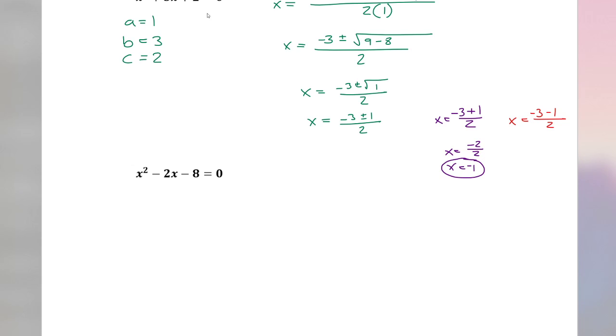And then for our other root, negative 3 minus 1 is going to be negative 4. Negative 4 divided by 2 is going to be negative 2. So we have roots at x equals negative 1 and x equals negative 2. So our roots are negative 1 and negative 2.